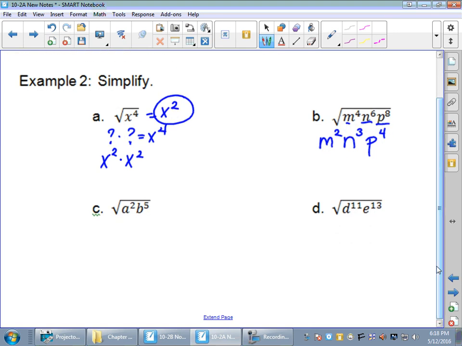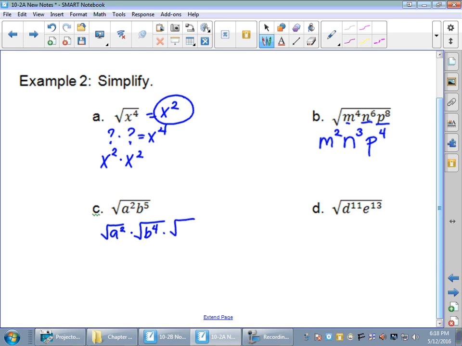Now, part C, not everything is perfect. The a squared is perfect, but the b to the 5th is not perfect. So what we're going to do is, if it's even, I'm going to rewrite it just like we did with the numbers. I'm going to rewrite the variables. So I'm going to rewrite a squared. I'm going to separate it. That's perfect. I'm going to pull out the perfect b to the 4th because it's even, it's perfect.